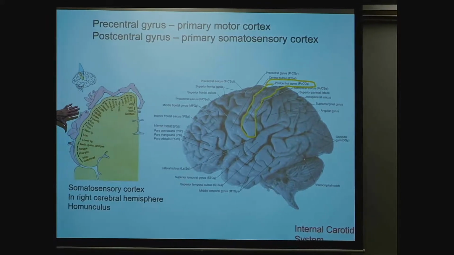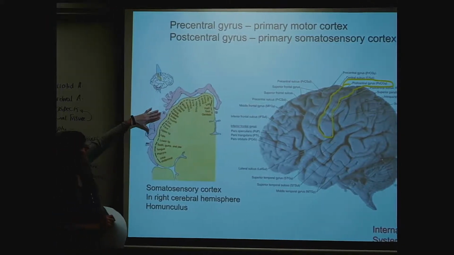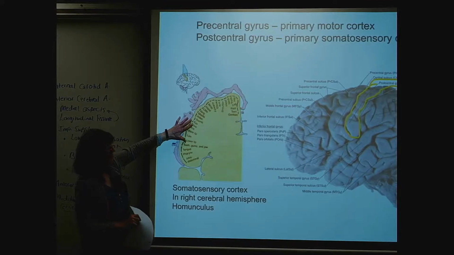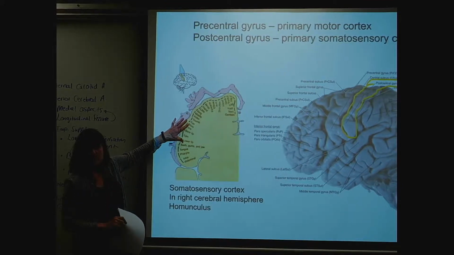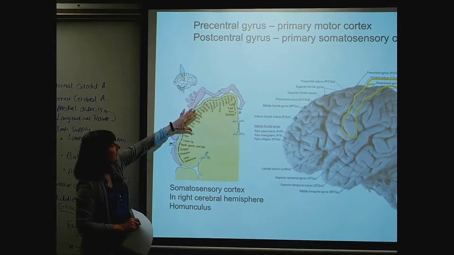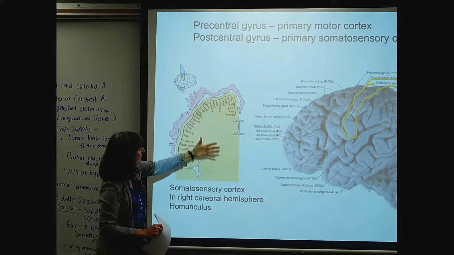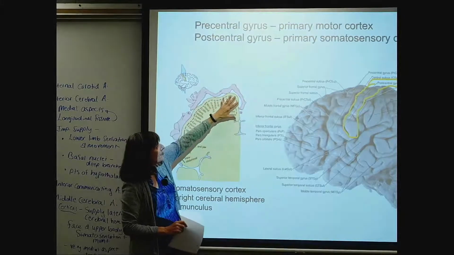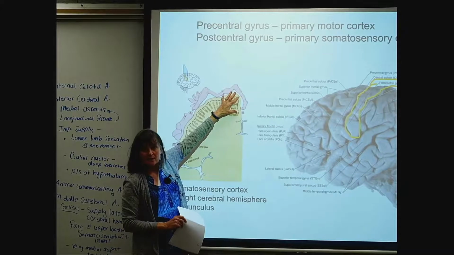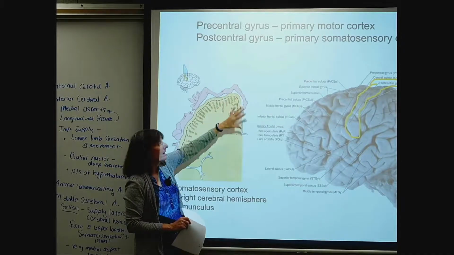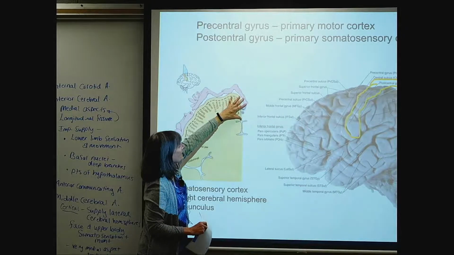So just in general, more lateral areas are going to end up processing information from the face and the upper body, and more medial areas, so this would be a coronal section here, are going to process information from the lower limb, as shown here.